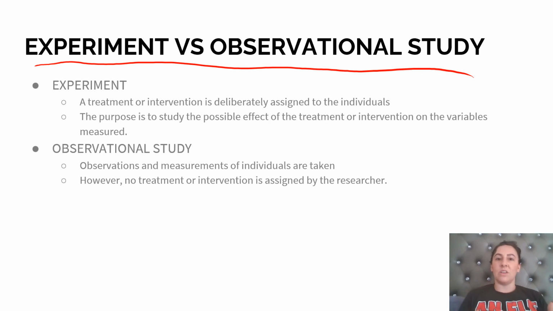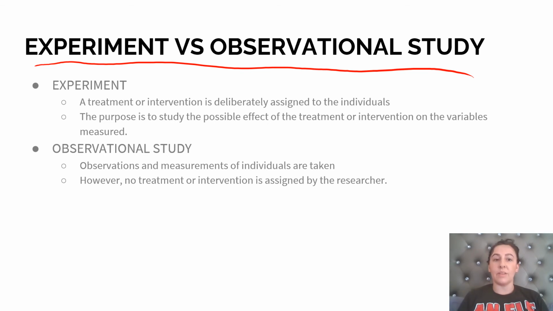Now let's look at observational. An observational study is where observations and measurements of the individuals are taken and no treatment or intervention is happening. The researcher does not say, hey, all you test subjects, do this so that I can measure you. That does not happen in an observational study.